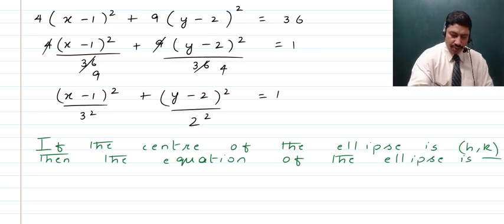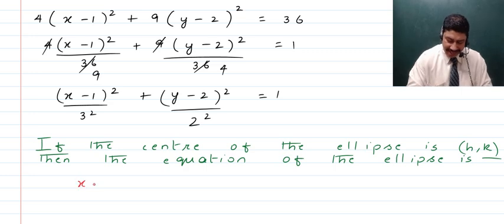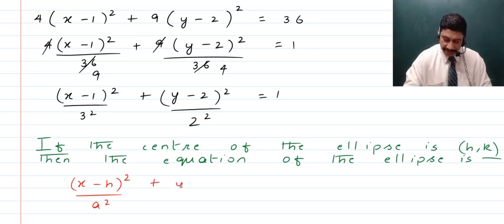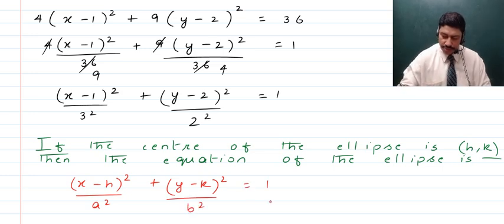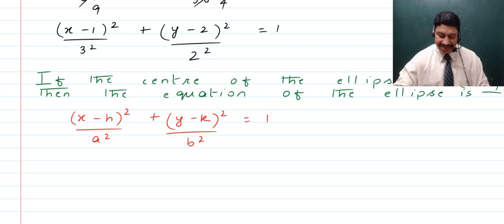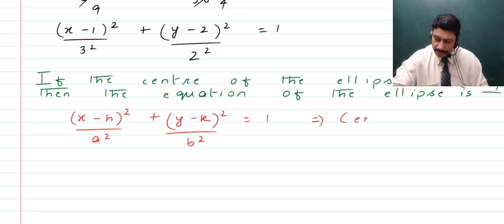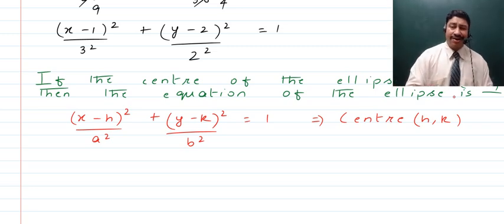Yes, so what is it? It is x minus h whole square upon a square plus y minus k whole square upon b square is equal to 1, right? So here h comma k becomes the coordinates of the center, right? Like in this case, the coordinates of the center will be 1 comma 2, right?